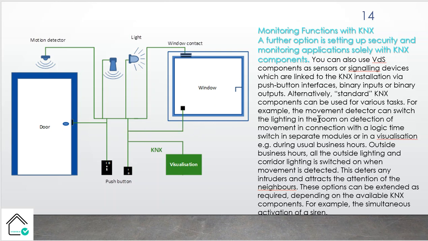For example, the movement detector can switch the lighting in the room, or detection of the movement in connection with the logic time switch in a separate module or in the visualization during usual business hours. Outside business hours, all the outside lighting and corridor lighting is switched on when movement is detected. This deters any intruder and attracts the attention of the neighbors. These options can be extended as required depending on the available KNX components, for example, the simultaneous activation of a siren.